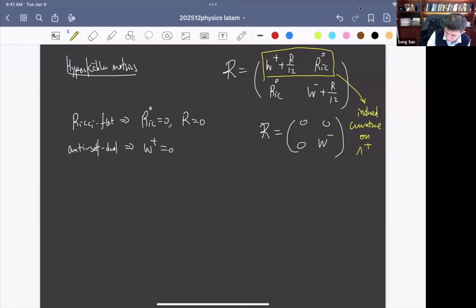So if everything is 0, then lambda plus is flat.